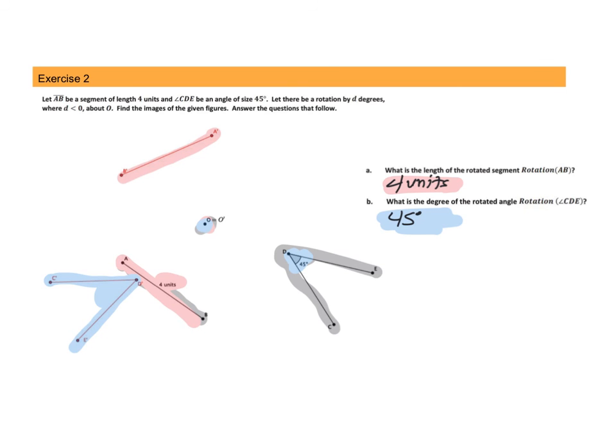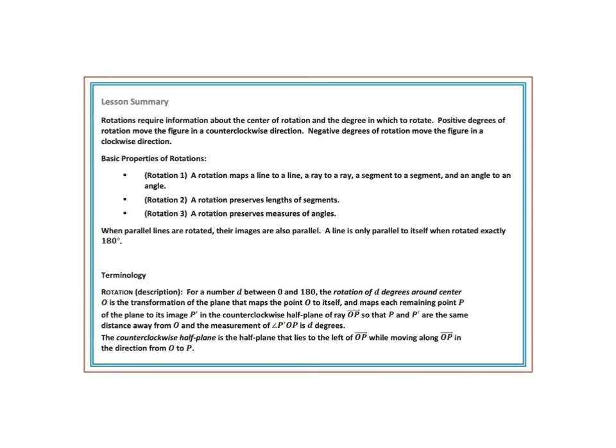Okay, let's continue on. All right, your lesson summary for today is that rotations require information about the center and the degree in which to rotate. Okay, basic properties. They map lines to lines, rays to rays, segments to segments, angles to angles, right? We just talked about that. They preserve lengths and they preserve measurements.